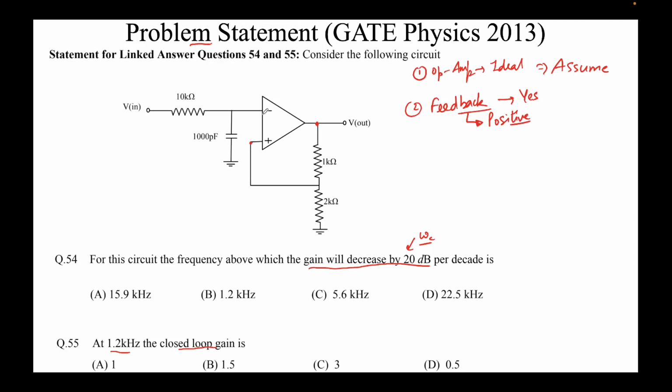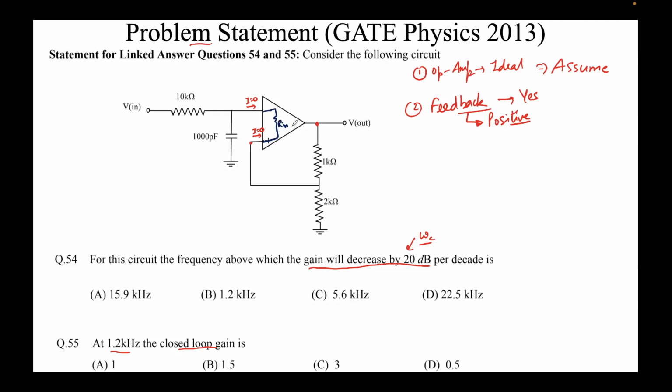Now, since this is an ideal op-amp, we'll assume that the current entering here is 0. Also, the current entering here is 0. Next, actually in the model of an op-amp, there's an R in here.